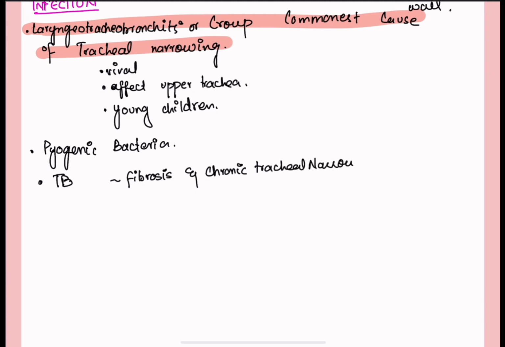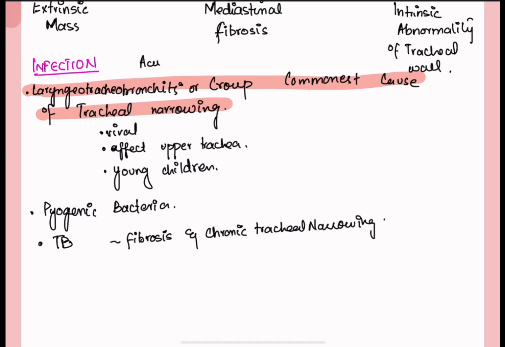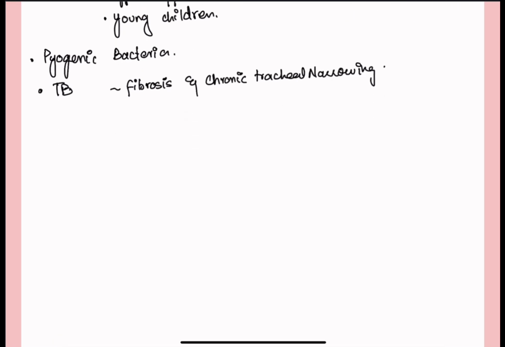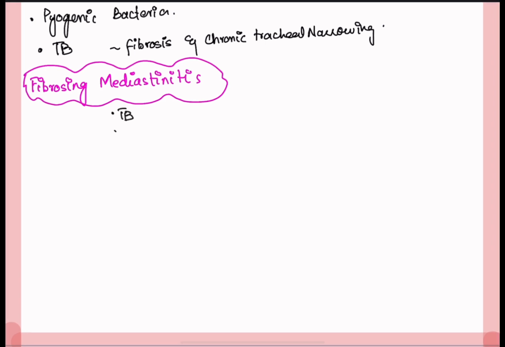TB may cause fibrosis, and it causes chronic tracheal stenosis or narrowing. Fibrosing mediastinitis is also due to tuberculosis and histoplasmosis. It can cause both tracheal and bronchial stenosis.